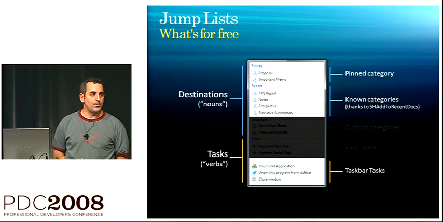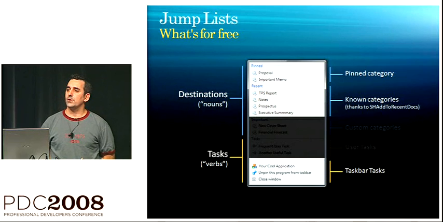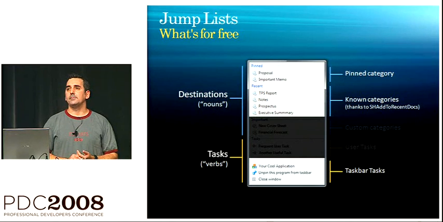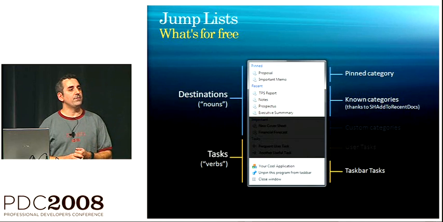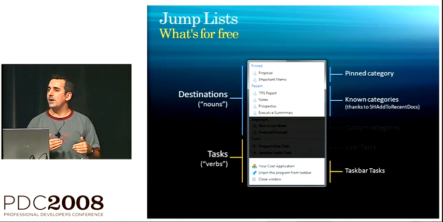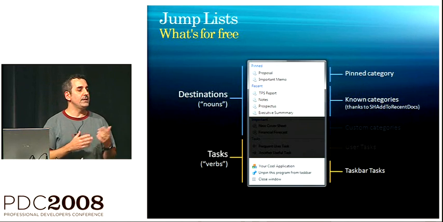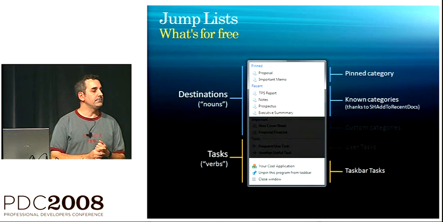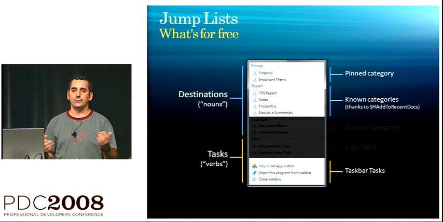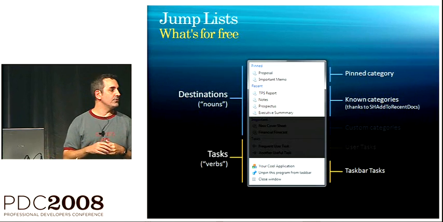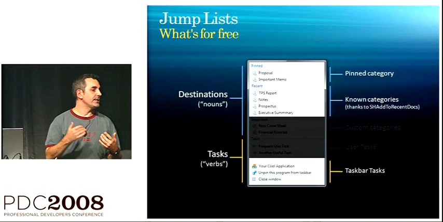So if your application supports SHAddToRecentDocs, for example, if it uses the common file dialog, or a user launches a file type from the shell, like Explorer, then this API will be automatically called on your application's behalf, and this list will auto-populate. And the pinned category is for free as well. That's something that we manage. The end user actually chooses.